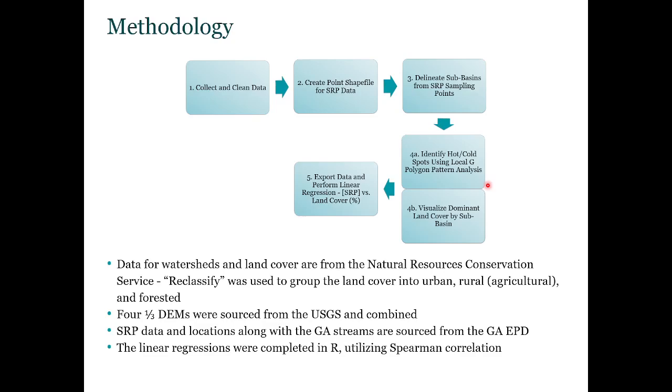I then visualized the dominant land cover, notably reclassifying the land cover into three categories, those being urban, rural/agriculture, and then forested, as you'll see in a couple of slides. And finally, I exported data on the relative percentage of each of those land covers and performed a linear regression with the concentration of SRP.